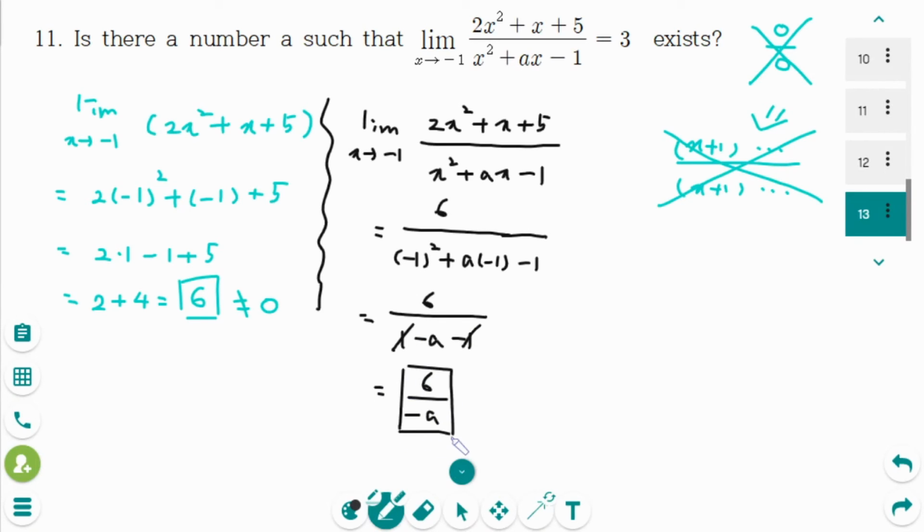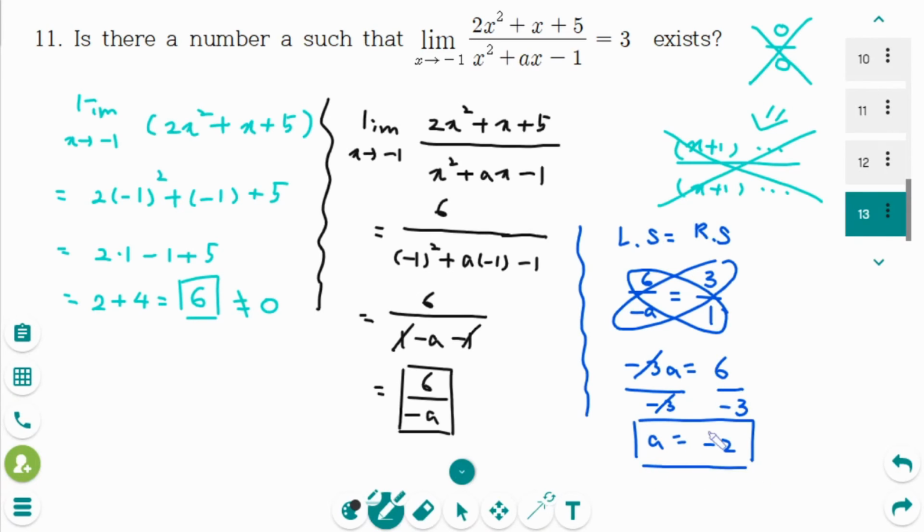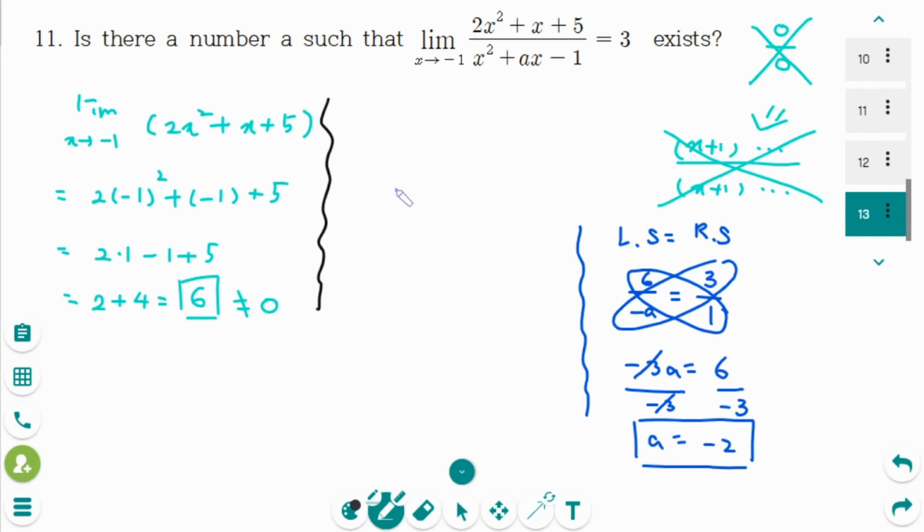This is the left side answer. The left side must equal the right side. And then use cross multiplication. So this is minus 3a equals 6. And then divide by minus 3 on each side. That one is a. It's minus 2. The answer is a equals minus 2.